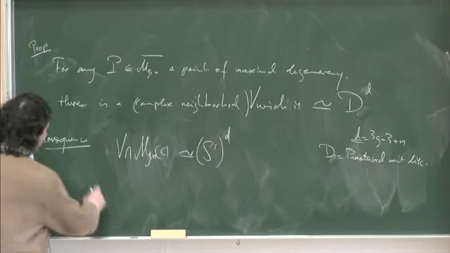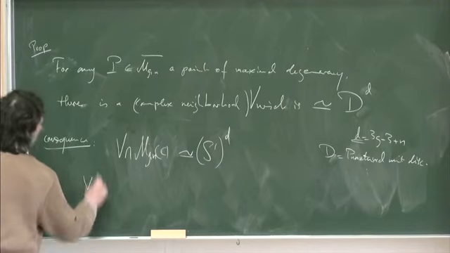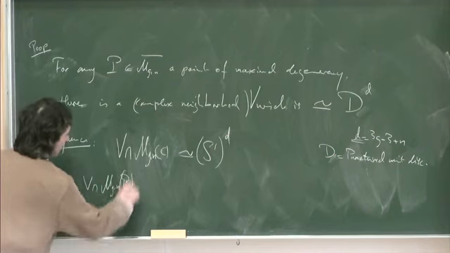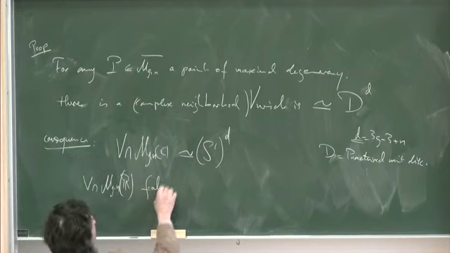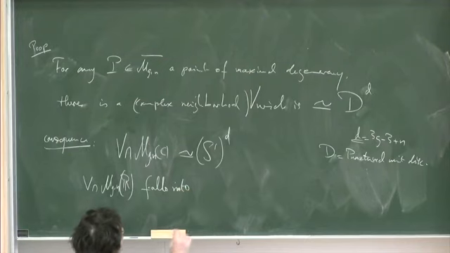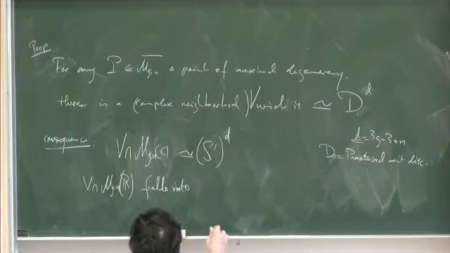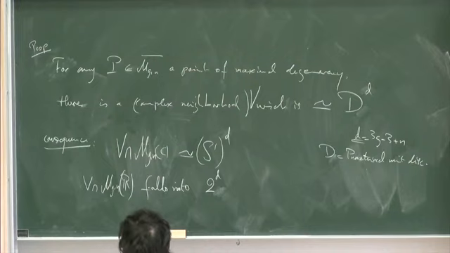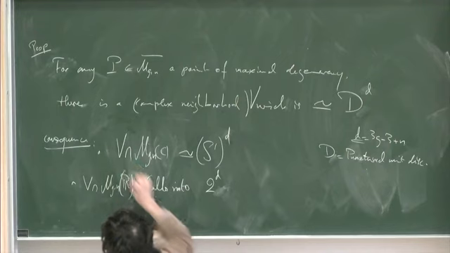And now when I intersect with the real part, M_g,n of R falls into 2 to the d simply connected regions.